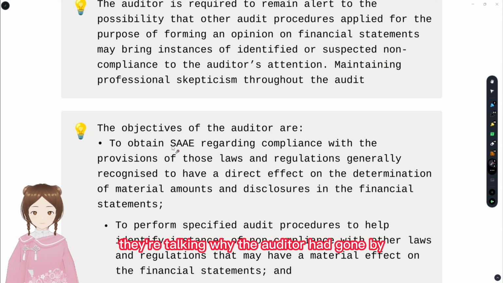Why has the auditor gone to obtain sufficient and appropriate audit evidence? With regard to compliance with provisions of laws and regulations which have a direct effect on material amounts, like litigation fees or any kind of profit, or disclosures in the financial statements.